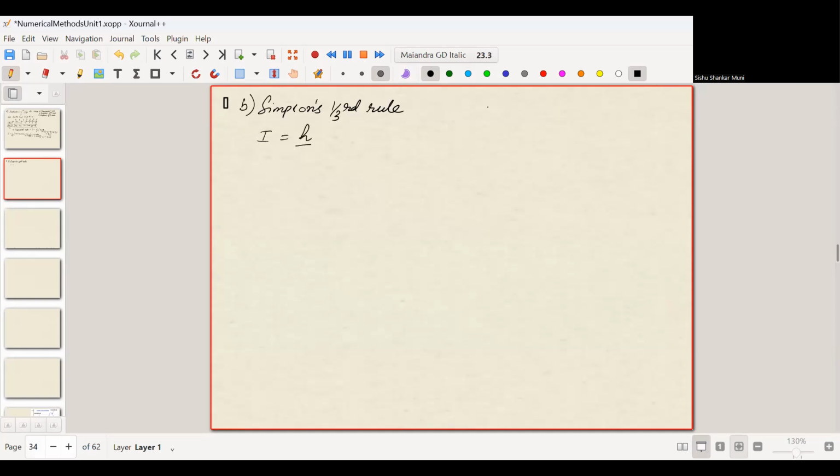Of course, there will be a h by 3. Sure. Then there will be a y0, which we leave undisturbed. Then of course there will be a y6. Was y6 there?